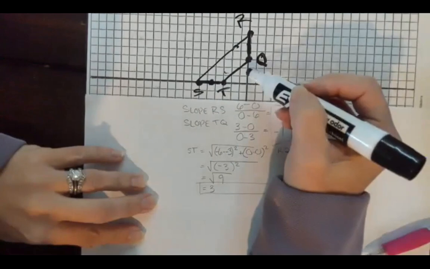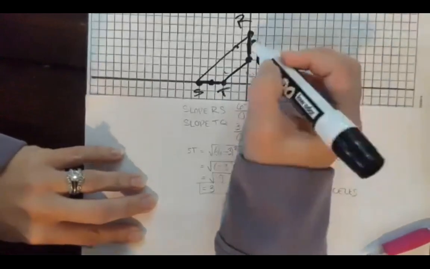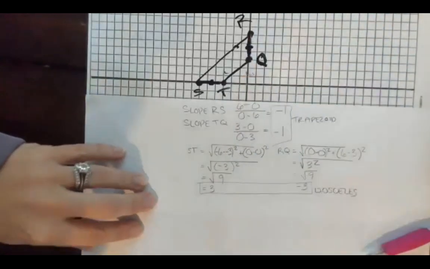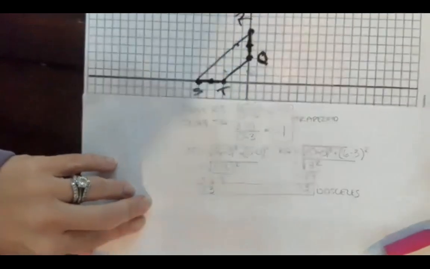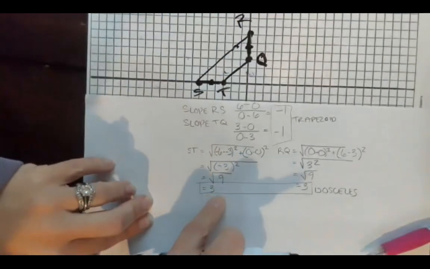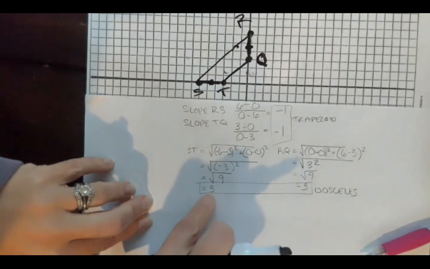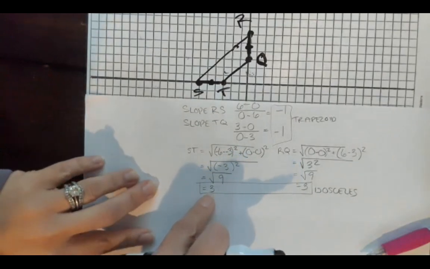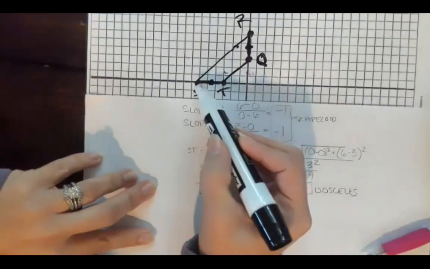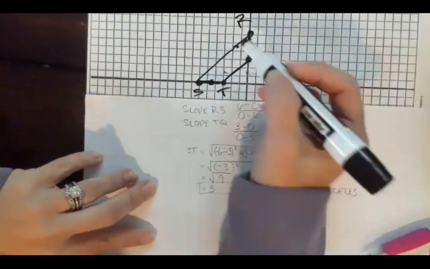And here we're going to get 4.5, 0. If you know the distance, you can take the length of the side and divide it by 2, 1.5. Then you can start at one end and go over that distance.